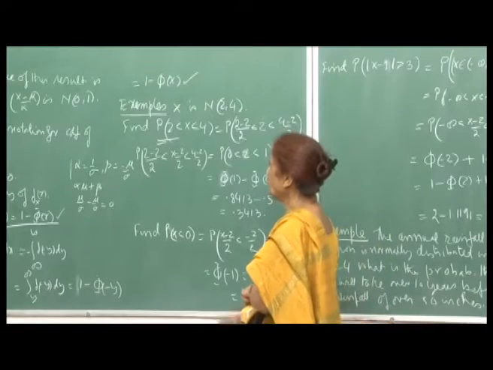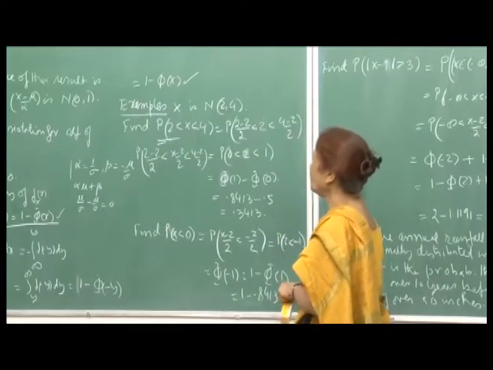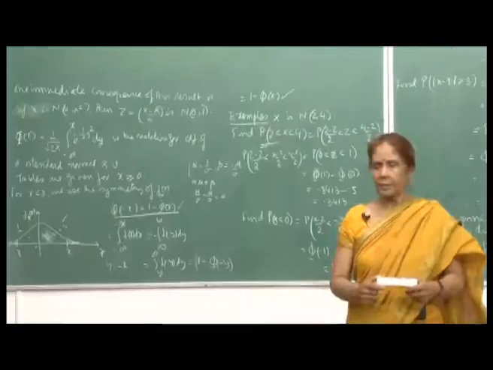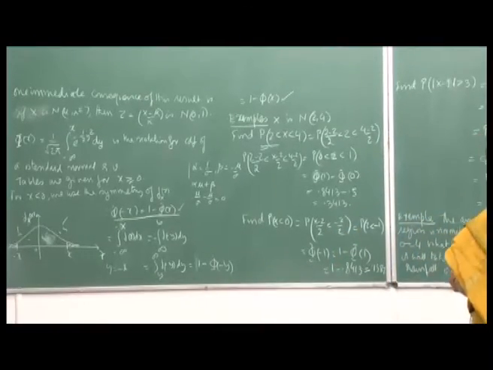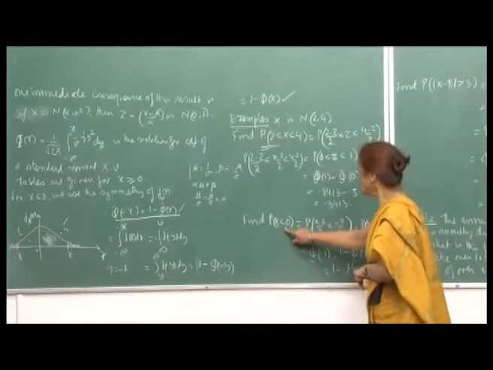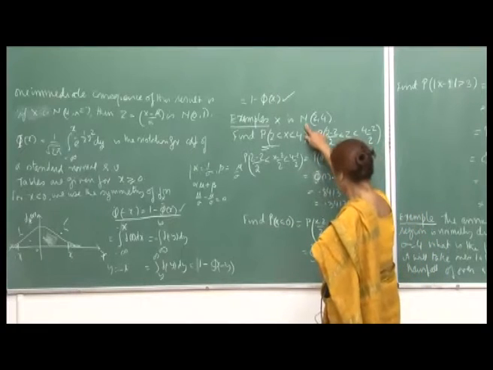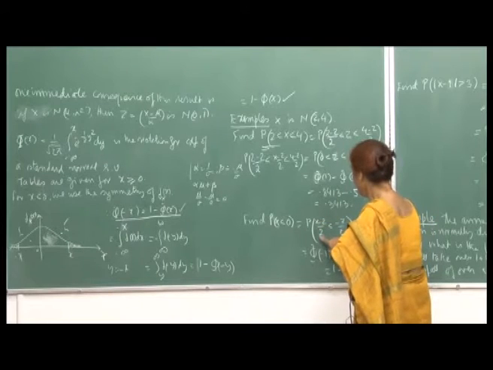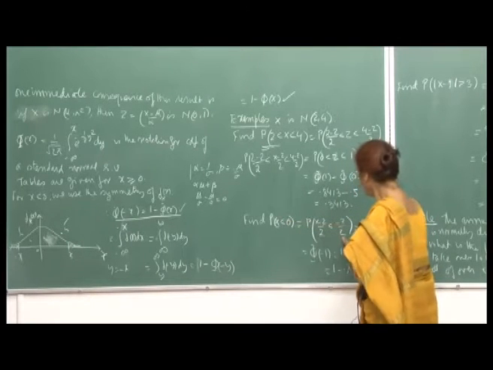So, very conveniently, once you have the tables available for the standard normal, you can compute probabilities for any normal variate. Then again, find the probability x less than 0 for this variable. Here again I make the transformation, (x minus 2) by 2 less than minus 2 by 2.